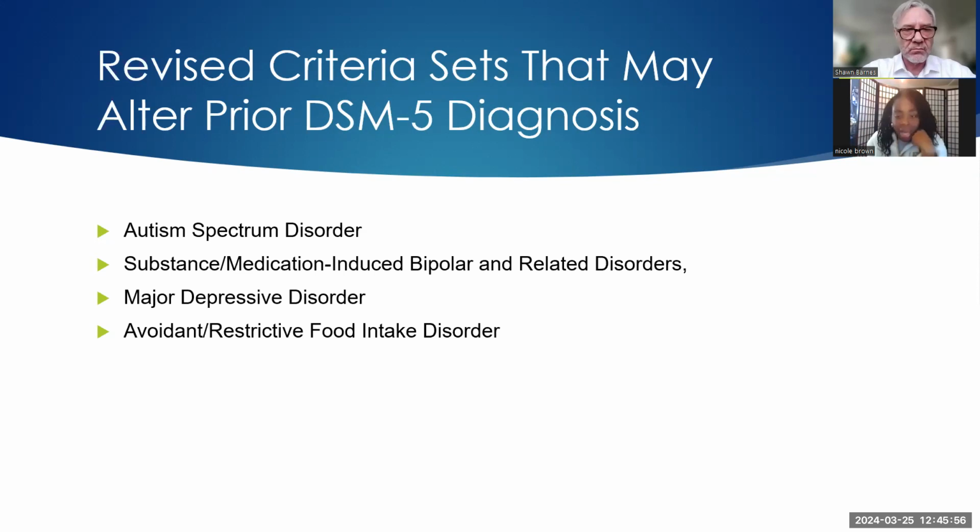No, you cannot do that. You must use substance medication induced bipolar or related disorders. The differential diagnosis would be bipolar 1 or 2, but you must consider the medication as the onset, which would be the description of why that person is behaving as if they're bipolar.